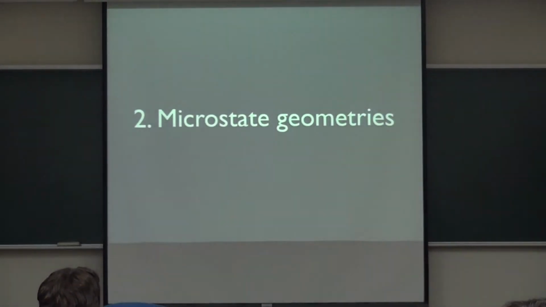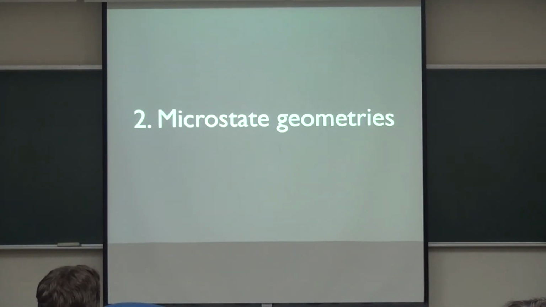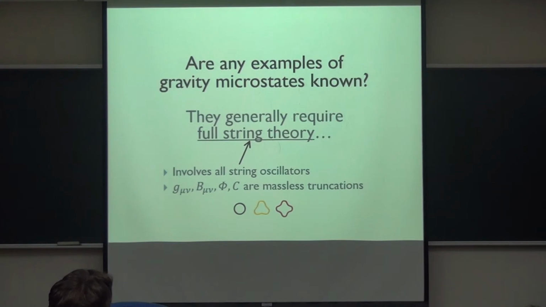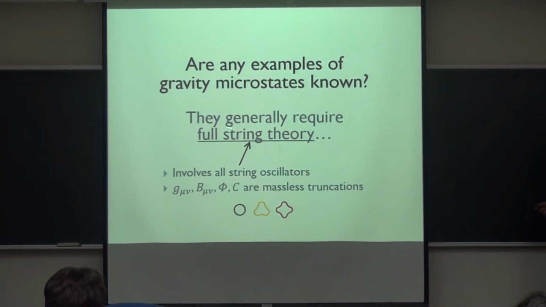Now, microstate geometries. So I talked about general microstates, but some are described by geometries, classical gravity. So the question is, are any examples of gravity microstates known? Gravity microstates in general require full string theory, so they involve all string oscillators, whereas G mu nu, B mu nu, and dilaton fields are only massless truncations of the whole theory.